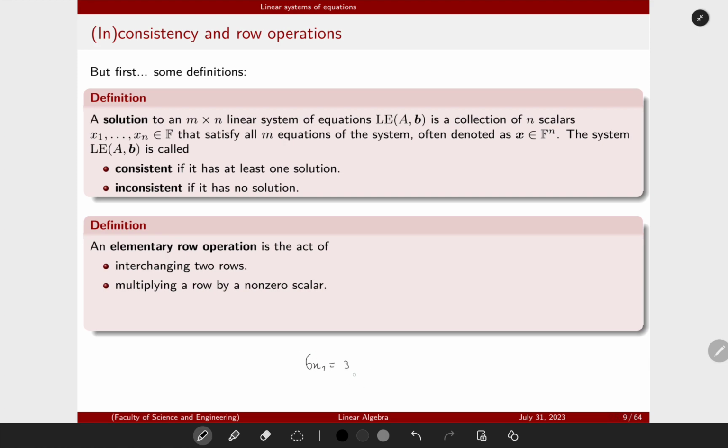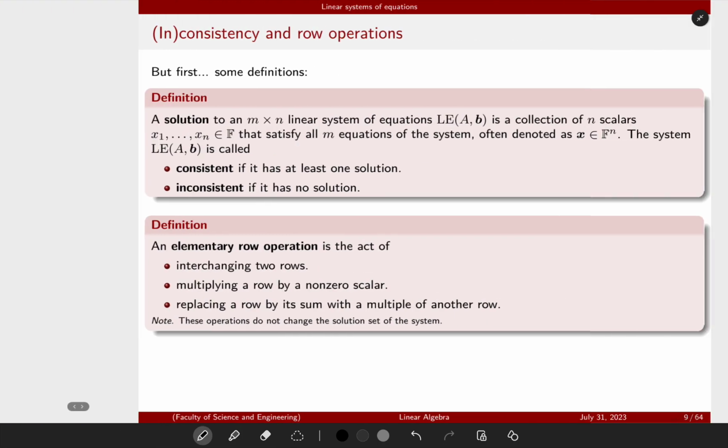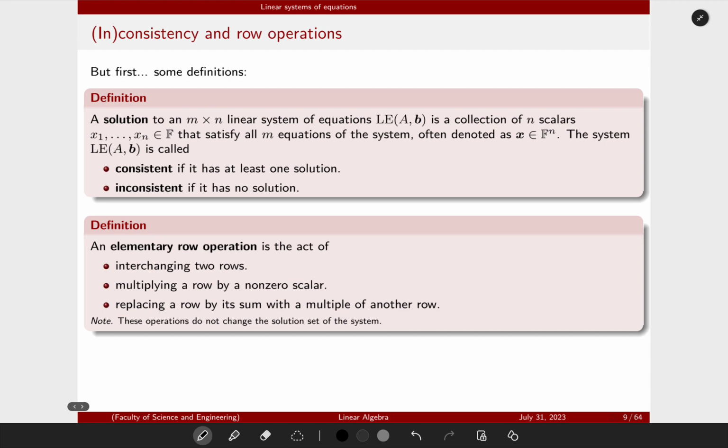I can just divide both sides by 6 and the solution will not change. The third elementary row operation is replacing a row by its sum with a multiple of another row. Showing that this does not change the solution set of the system is a bit more complicated, but you can just take it for granted. All of these operations do not change the solution set of the system.